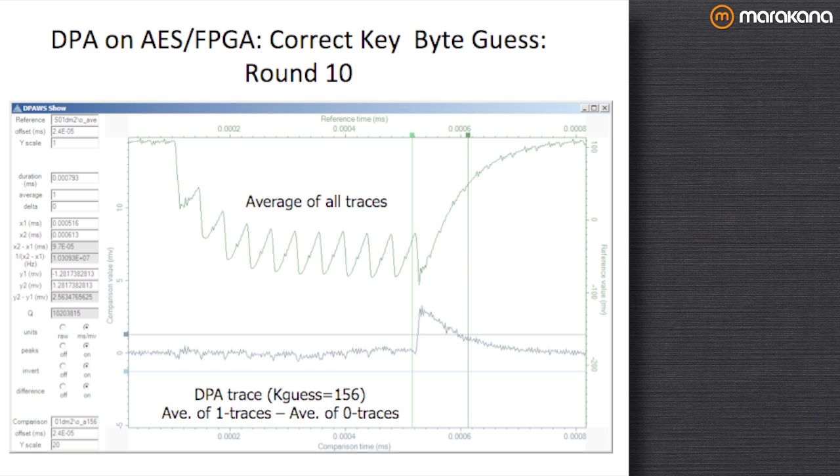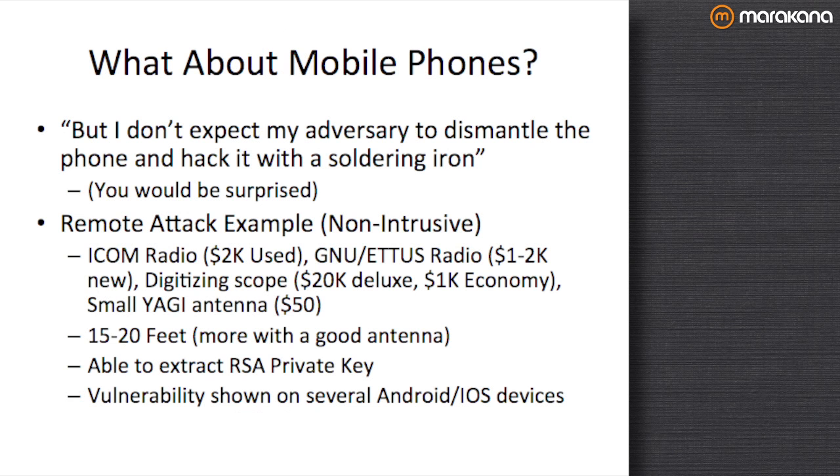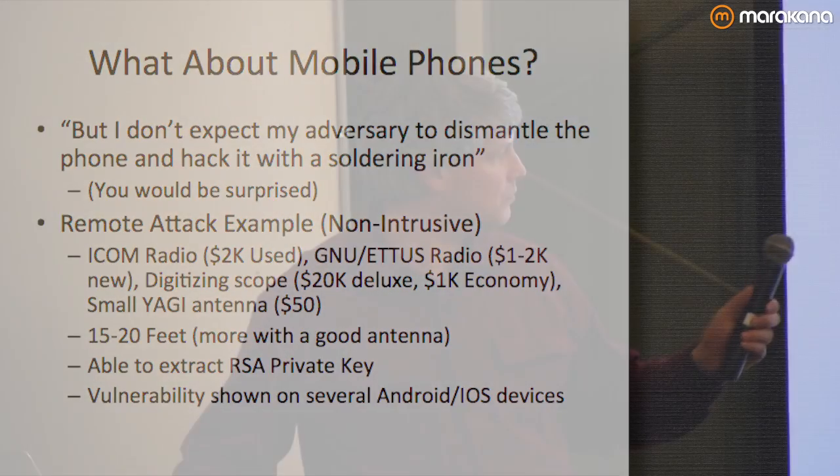So again, what does this have to do with Android? One of the things that we did was we took an iPhone and pointed an antenna at it. Oh, sorry, here's the oscilloscope. We took an iPhone, pointed a simple handheld ham radio antenna at it, ran it through an ICOM radio we got on eBay for somewhere between $1,000 and $2,000.